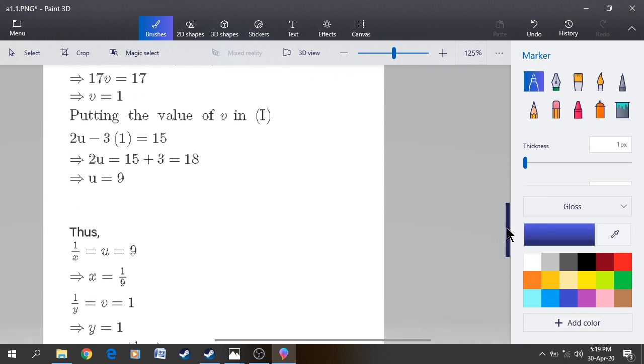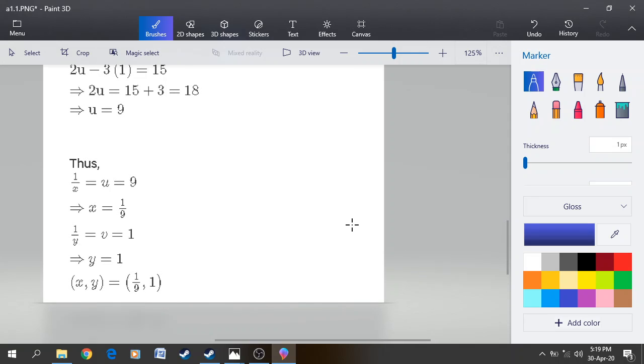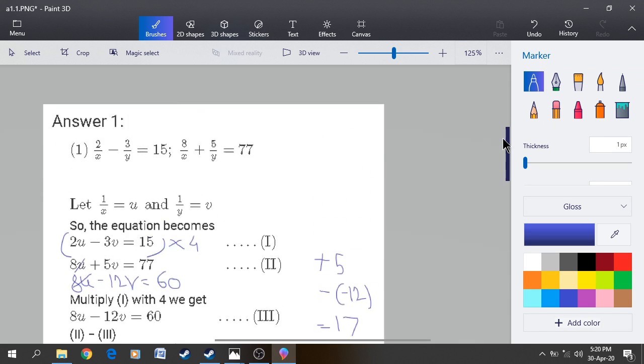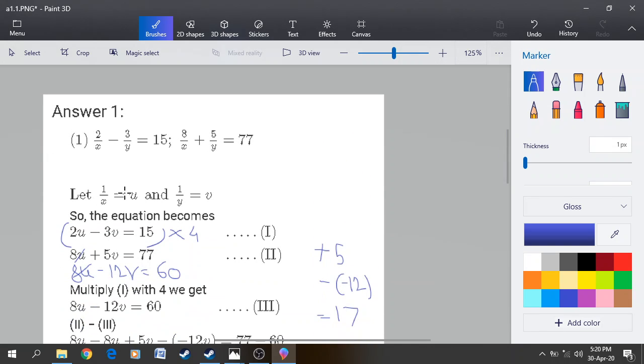But there is one more step. We got the answers v and u, but we want to find the answers of x and y. So we will re-substitute. 1 upon x is equal to u. What we assumed earlier, 1 upon x is u and 1 upon y is v.